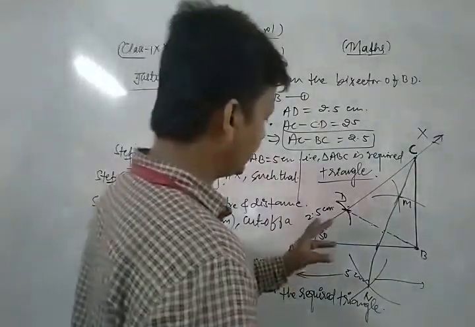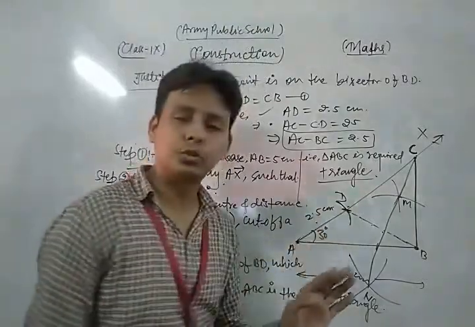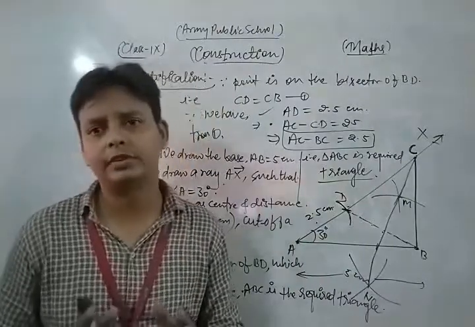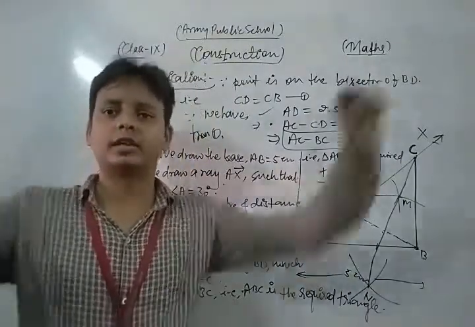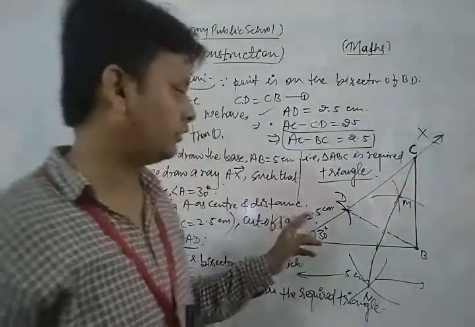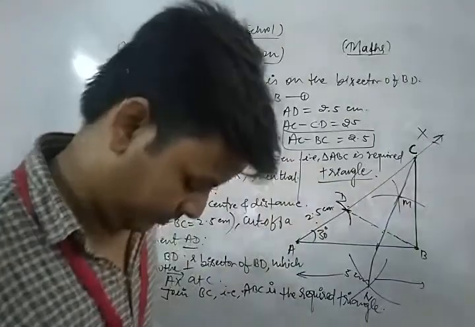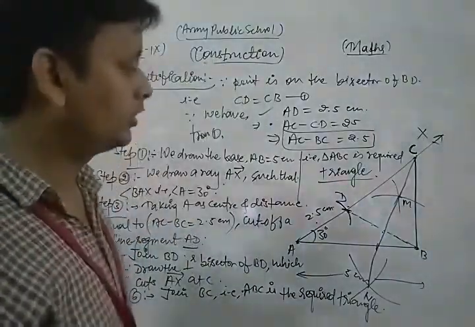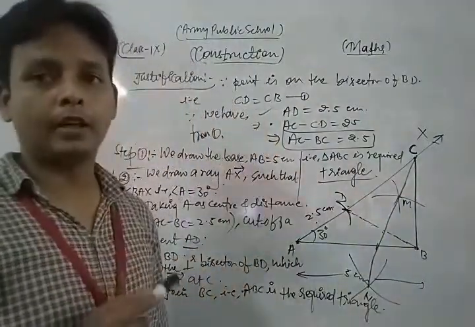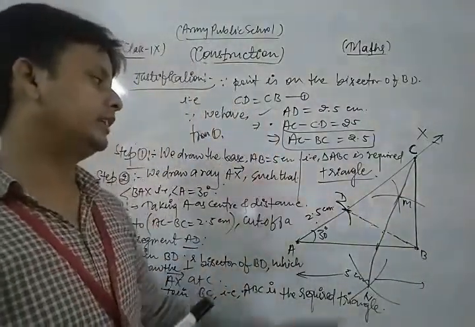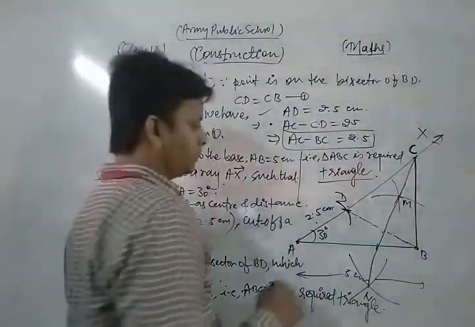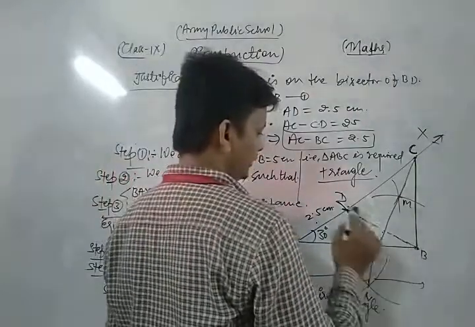After that, from AX cut off a line segment AD equal to 2.5 centimeter, which is the difference between the two given sides of the triangle. Then, dear friends, we join BD and draw the perpendicular bisector of the line segment BD.